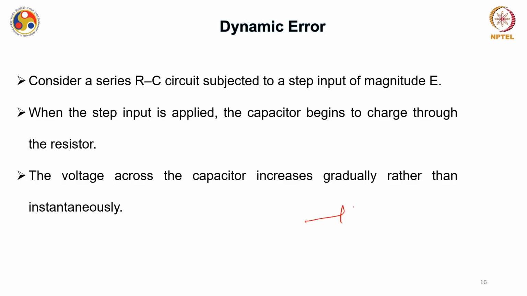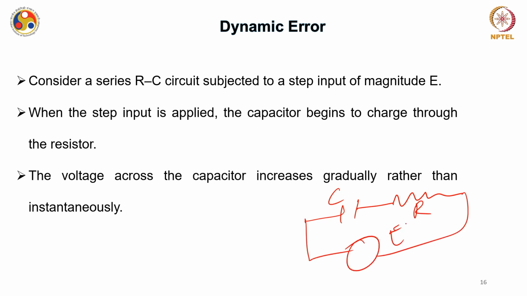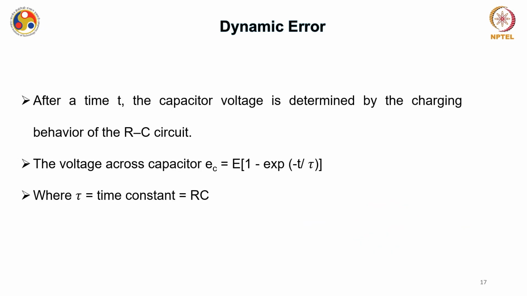So you have a series combination of R and C. This is your C and this is your R, and you have applied a step input of magnitude E. The voltage across the capacitor increases gradually rather than instantaneously. We know that a capacitor charges gradually. So after a time t, the capacitor voltage is determined by the charging behavior of this particular RC circuit.